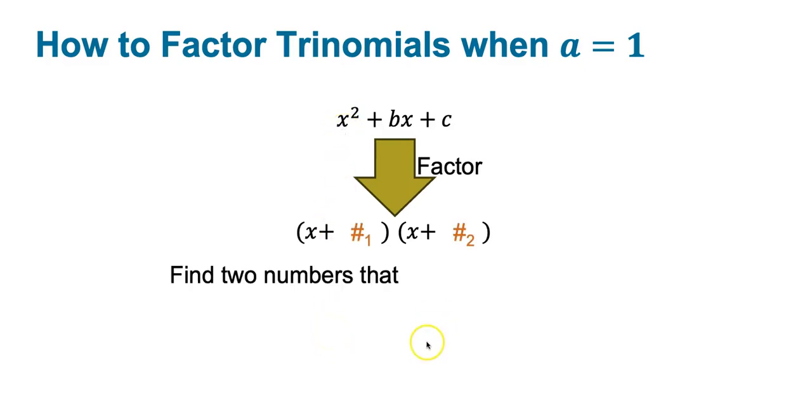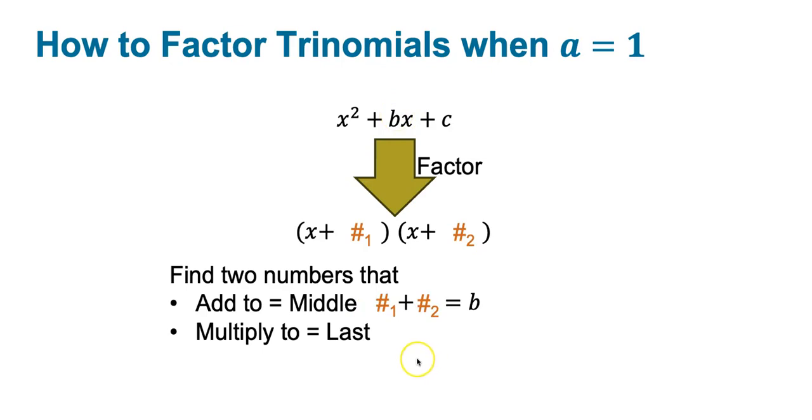Now we have to find two numbers that add to equal the middle coefficient and multiply to equal the last term. The reason this must be true is due to the distributive property, or you can think of it as FOILing.